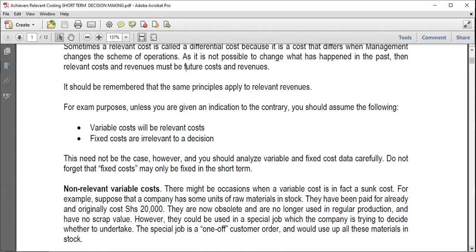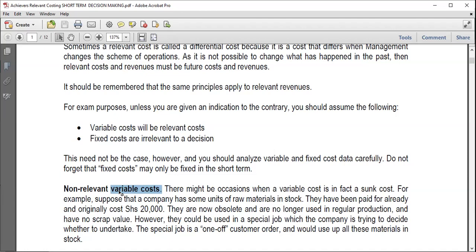Now, one of the things they are also telling us is that there are cases where you can have what we regard as non-relevant variable costs. You know, in production of, let's say, the cakes that this client may be ordering, you could be going to use some materials that you already bought.